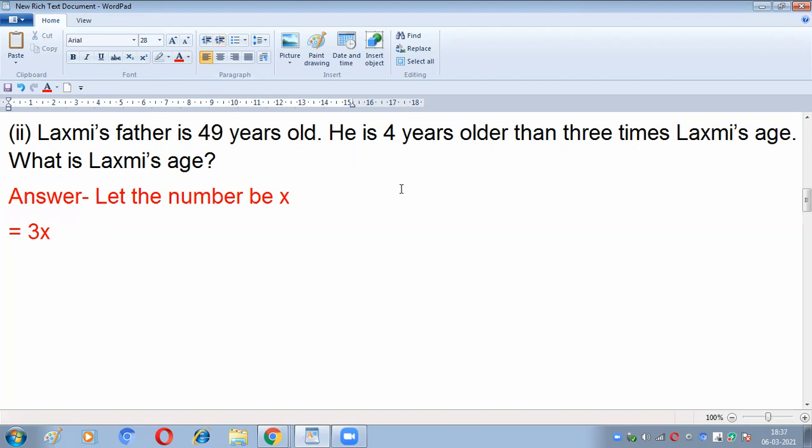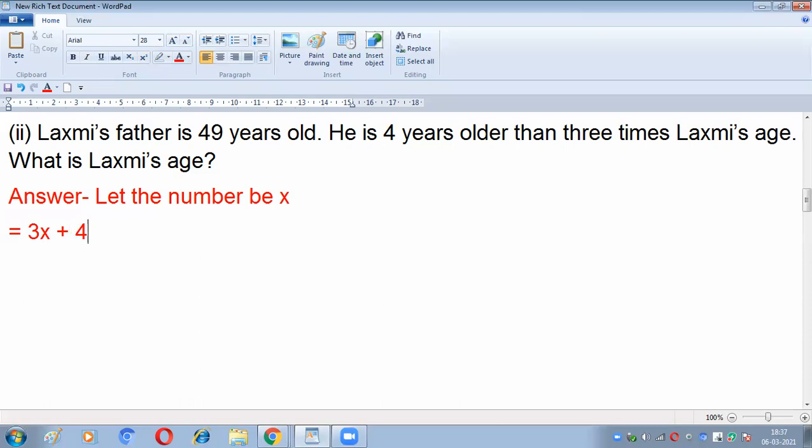And he is 4 years older. 4 years older means plus. If he were 4 years younger, then it would be minus. But he is 4 years older, that means plus 4.